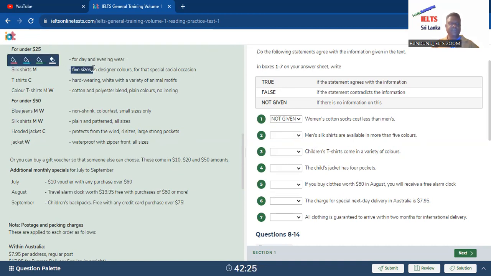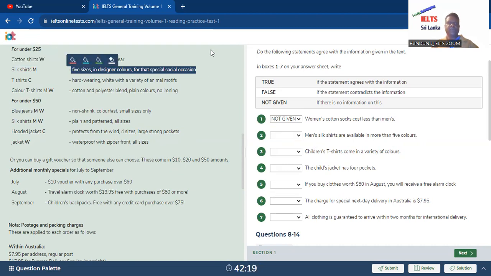5 sizes in designers' colors for the special occasions. 5 sizes. Here, more than 5 colors. You can see, can you all see one comma here?